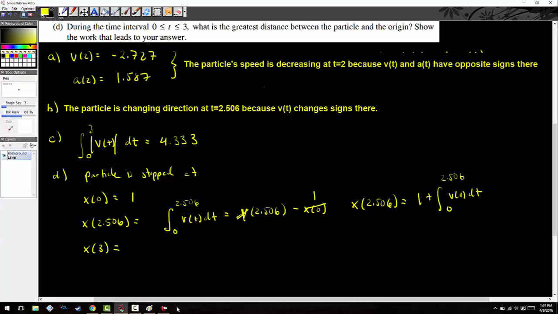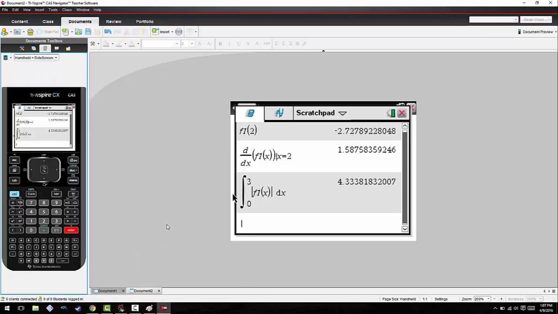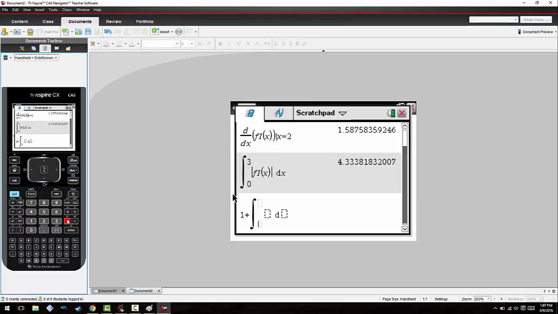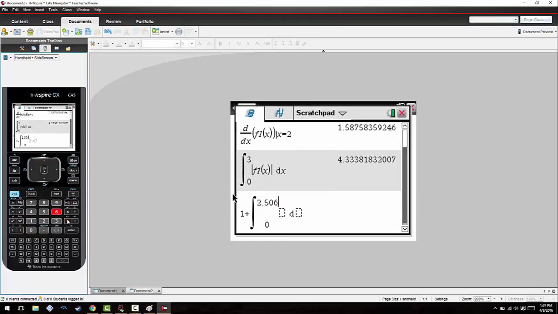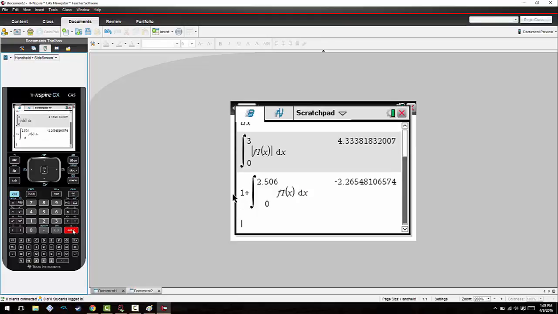So let's do it. So what I get is 1 plus the integral from 0 to 2.506 of f1 of x dx. Control Enter. That is negative 2.265.